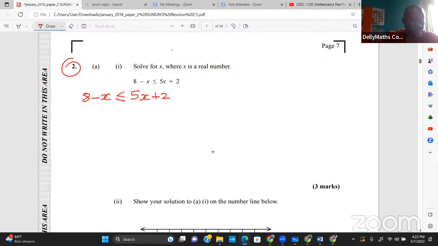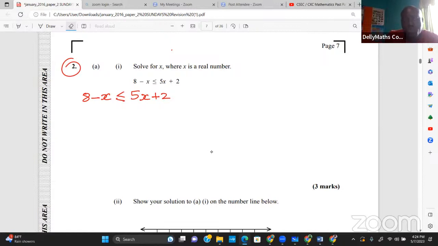So let us say I want to carry my unknowns on the right-hand side. It simply means I am going to have to make sure that the numbers are on the other side.